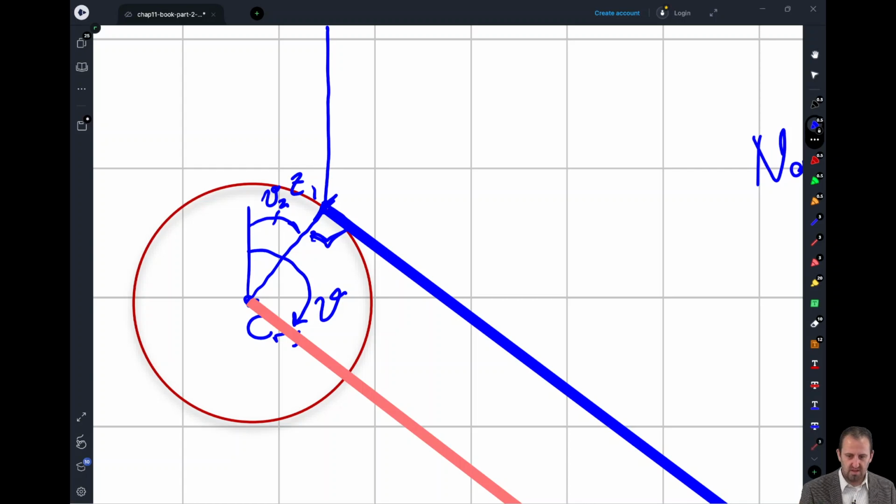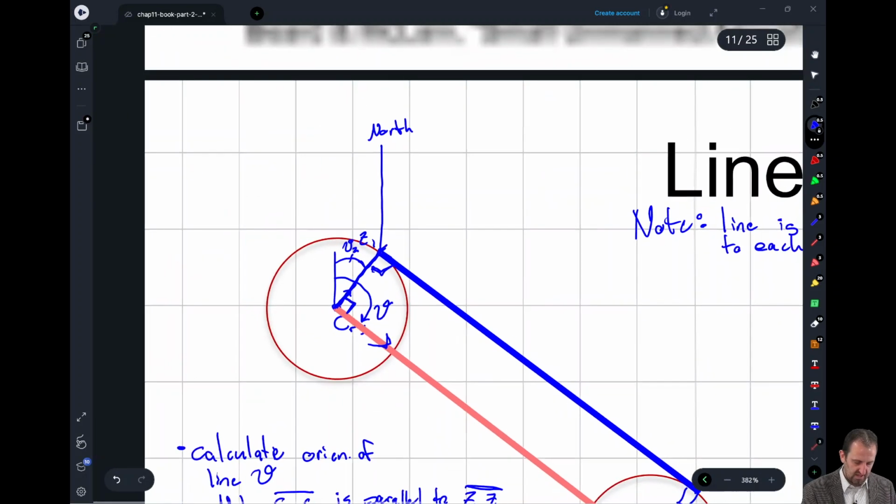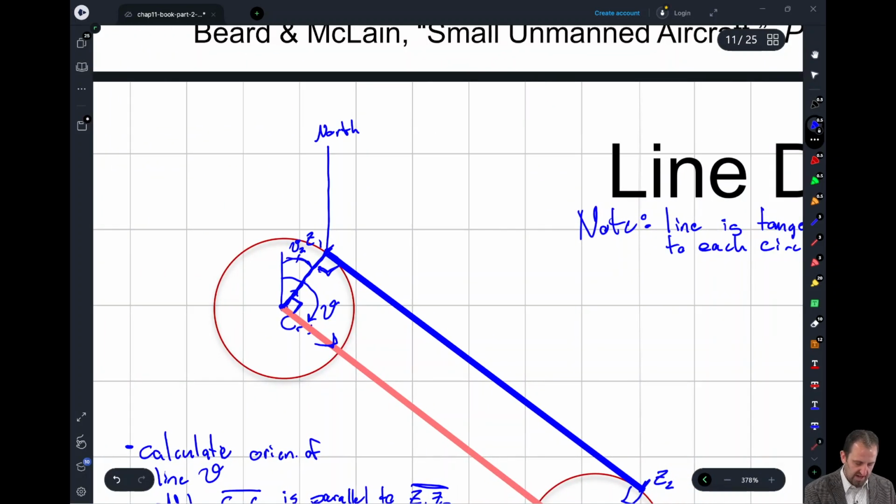Because we know that these two lines are parallel, there's a 90-degree angle between them. If var theta points in that direction, we want var theta 2 to be pointing towards that, the angle of the line that points from the center to Z1.